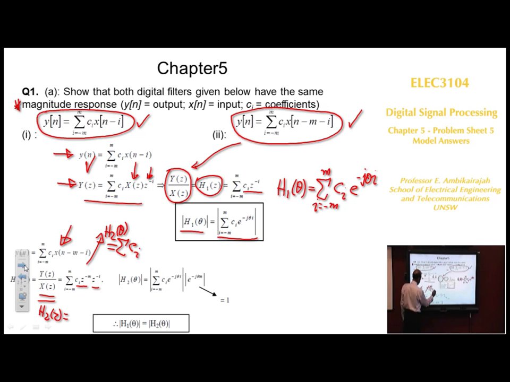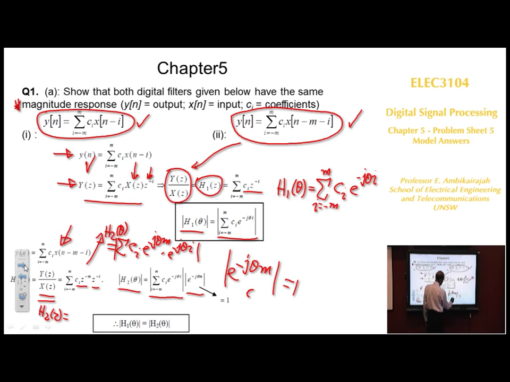So we take the modulus of that, and we separate the modulus into two separate moduli. The modulus of e to the power of minus jθm is 1, because that's cos θm plus j sin θm, and the modulus of that is the square root of cos squared plus sin squared, which is 1.